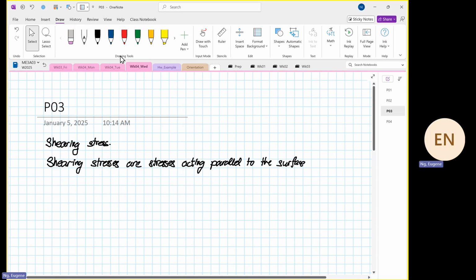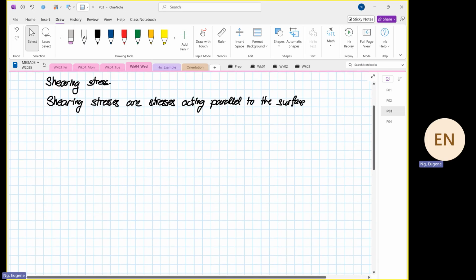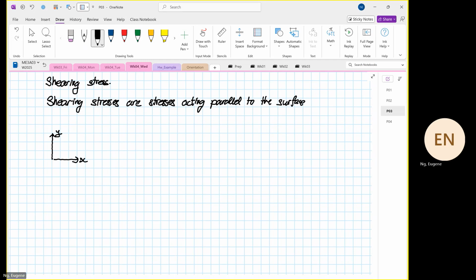Unfortunately, we have to go back to the element again. So this is X, and this is Y. Then I'm going to draw on one side what we know as positive shear.